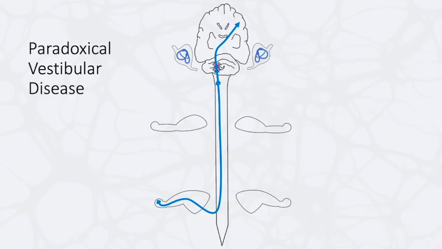So if there's a lesion within the cerebellum and it's affecting proprioception, we'll lose proprioception on that side. So the way that we're differentiating central from paradoxical is purely clinical. I can't look at an MRI and say that this animal is going to have paradoxical vestibular disease. It's the head tilt is opposite the proprioceptive deficits.